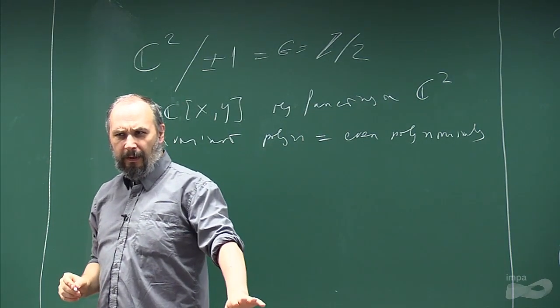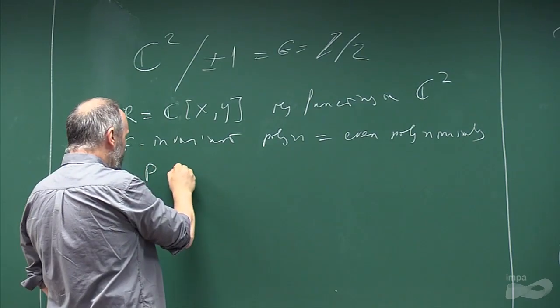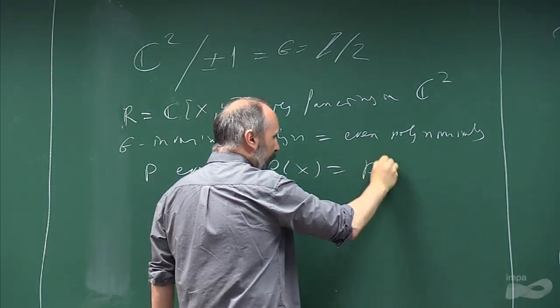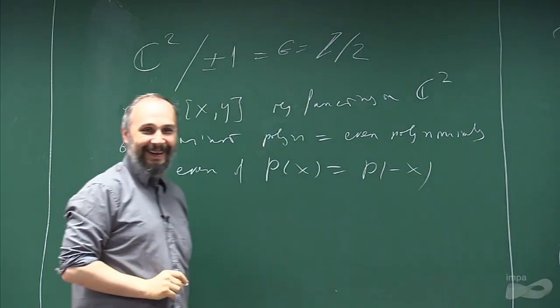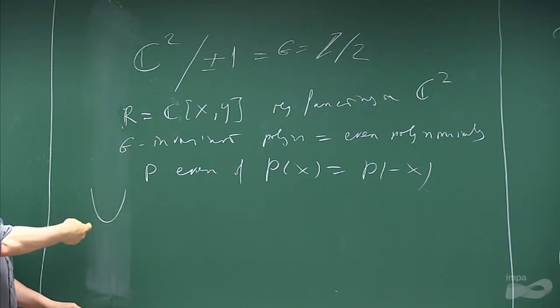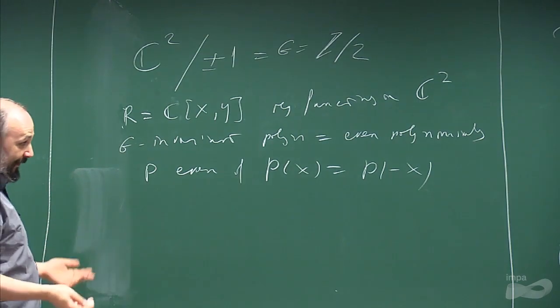Do you know what is an even polynomial? No one? So P is even if P(x) is equal to P(-x). So it's like a square parabola or a fourth degree parabola as opposed to third degree.